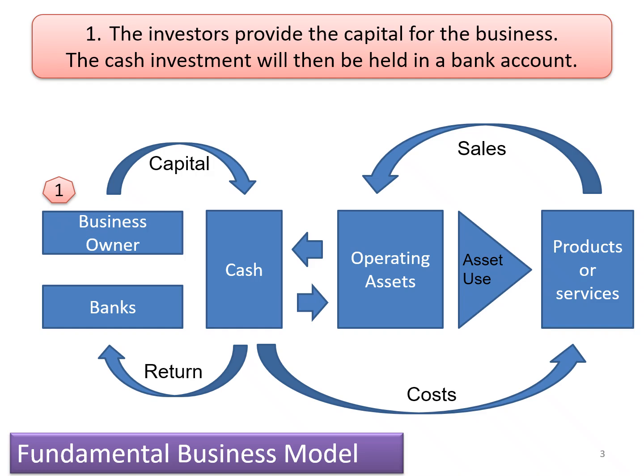Now, that cash investment will be held in a bank. So the money that is put into the business will be kept in the bank as a separate bank account for the business, separate from the owner's personal account.